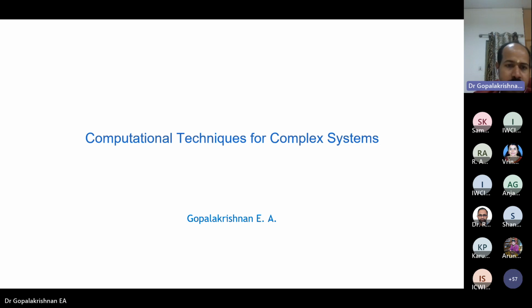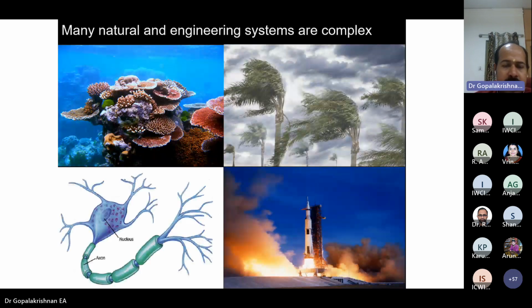So let me begin. First of all, let me try to explain what a complex system is. A complex system could be something like a marine ecosystem, a very complex natural system.